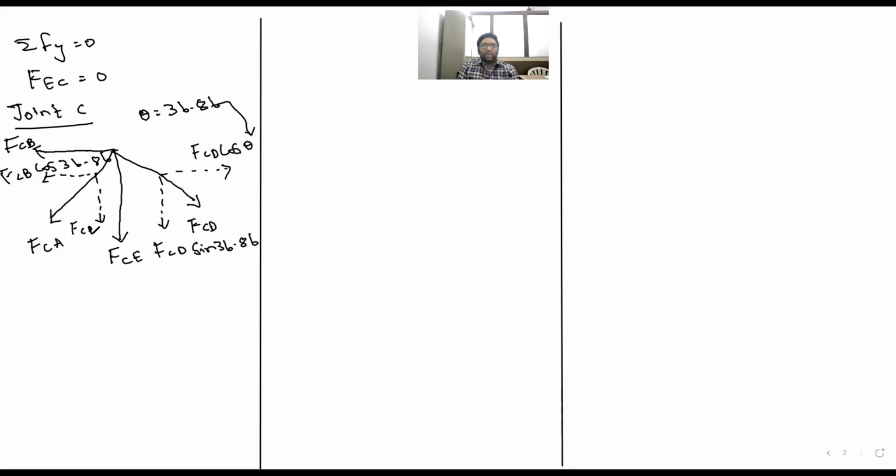And here also FCA sin 36.86. Okay. So now whatever the resolving we are doing, now what do we need to do? Sigma Fx 0, sigma Fy 0. Sum of all horizontal forces, vertical forces. See what are all horizontal forces? This is negative, this is positive.